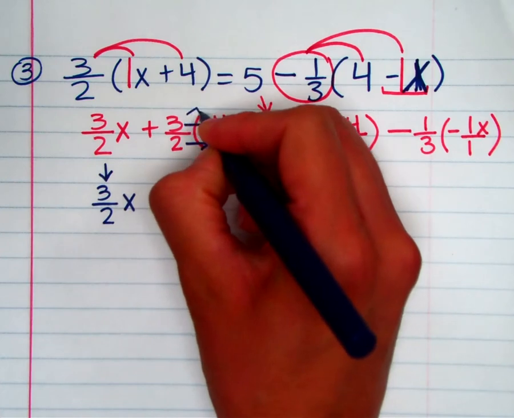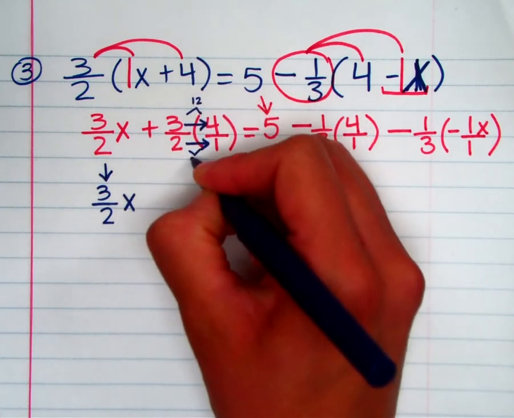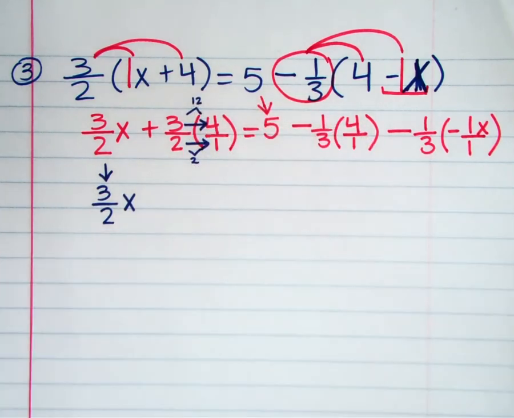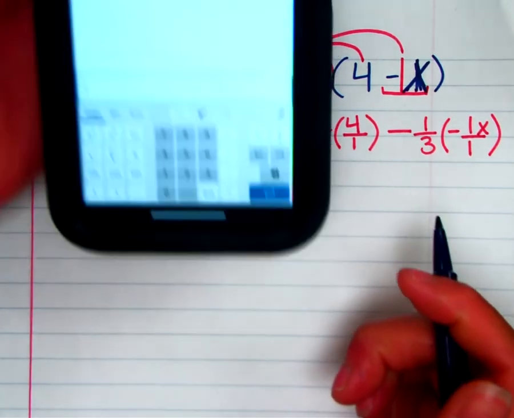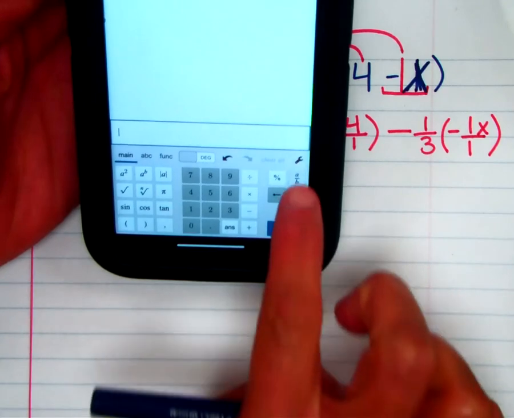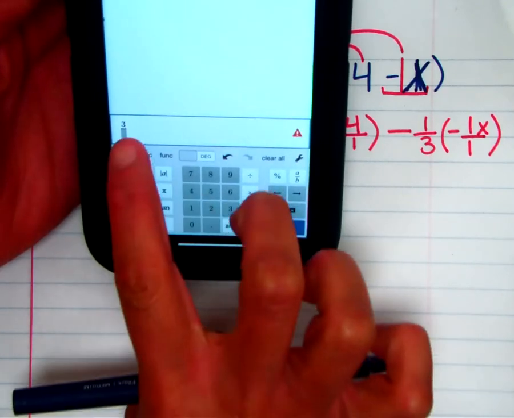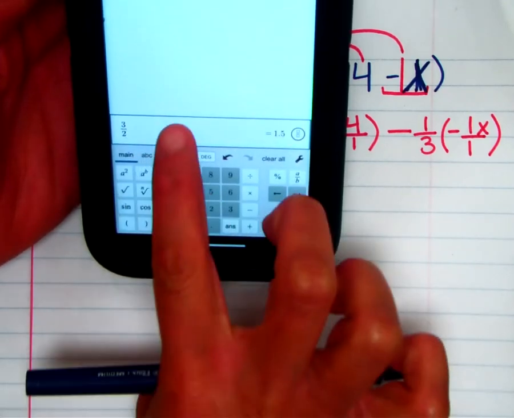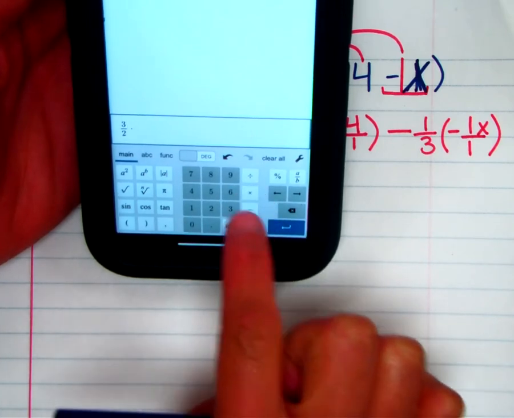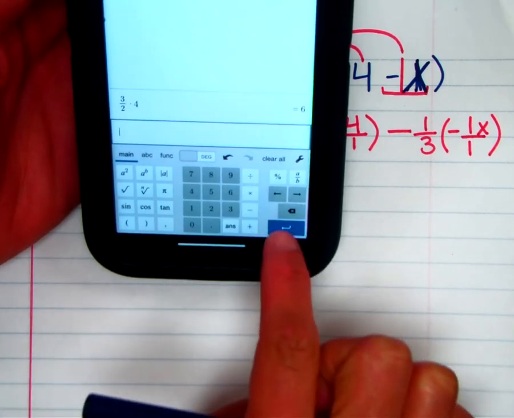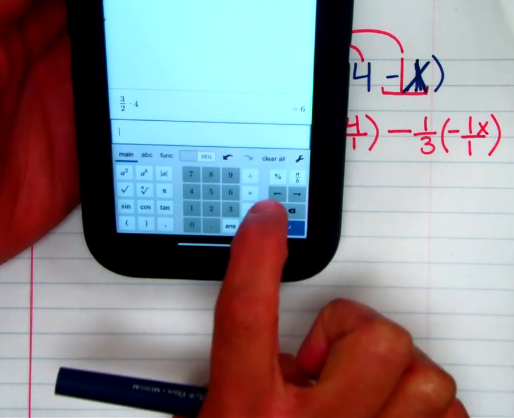So we should have 12 divided by 2, which is 6. In your Desmos calculator, you can input that as a fraction 3/2 times 4. You're going to get 6, the exact same thing we just came up with.